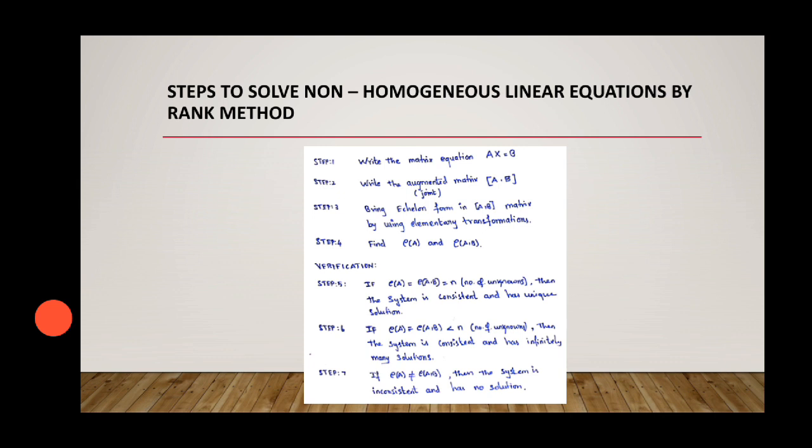Keep this step in mind, because today we are going to see only these types of sums. And step 7: if rank of A is not equal to rank of A comma B, then the system is inconsistent and has no solution.